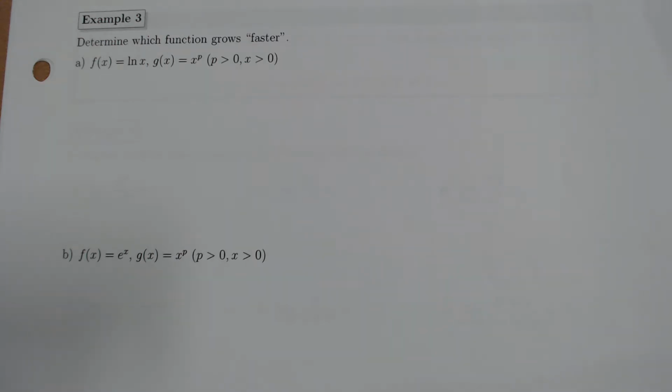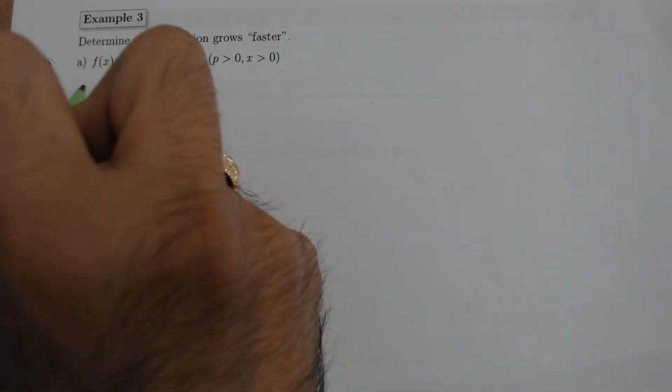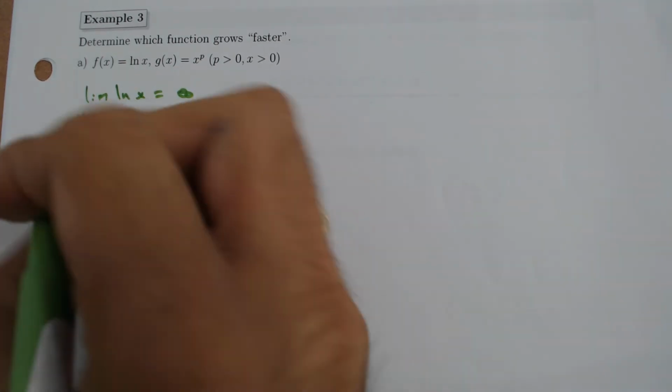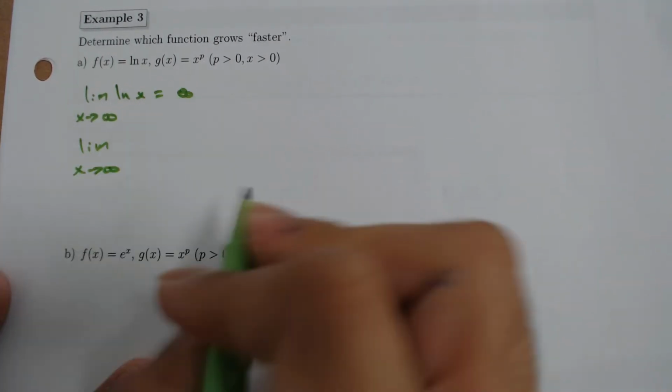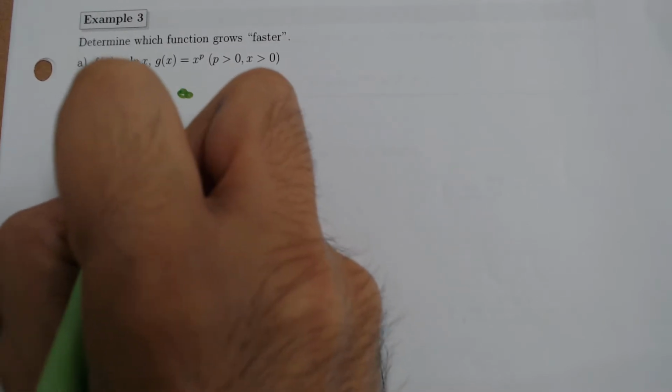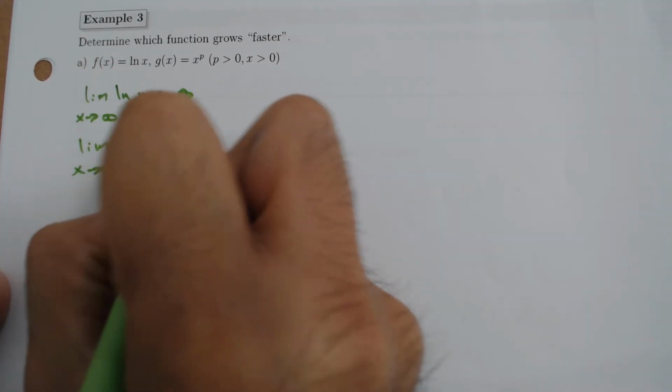So let's have a look at this individually. The limit as x approaches infinity of ln x is infinity, and the limit as x approaches infinity of x to the p power is also infinity.